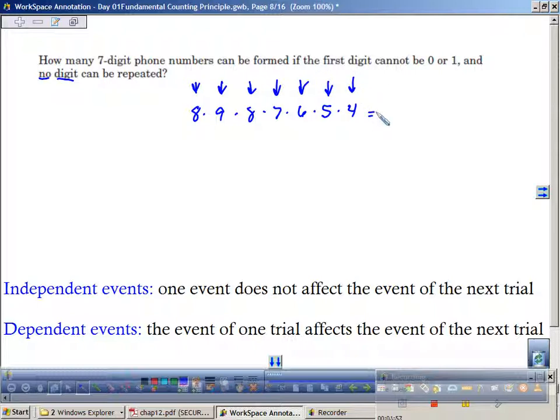And I've already worked that out for you. That would be 483,840 different numbers that could be formed.